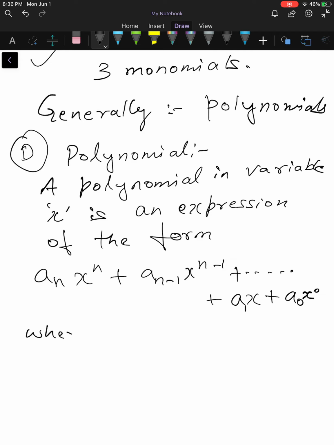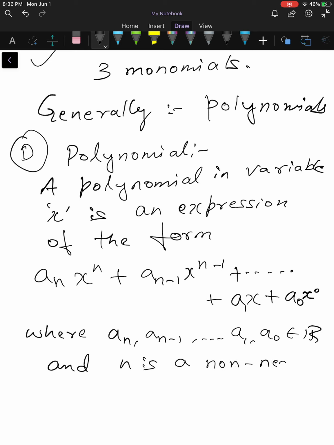Where, what are all these a_i's? a_(n-1) and so on, a_1, a_0, they are all real numbers because we are still working with the real numbers. And n is a non-negative integer, as defined in monomials.